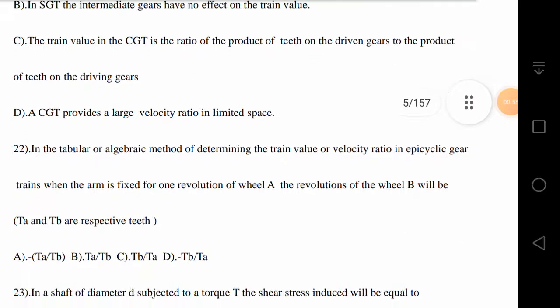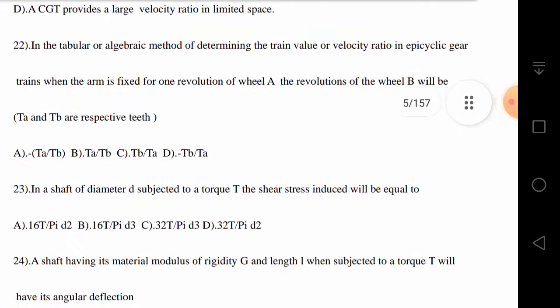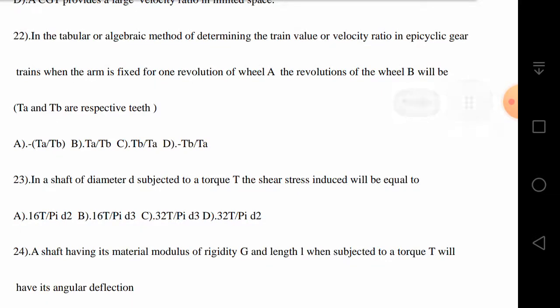Right. Next question. In the tabular or algebraic method of determining the train value or velocity ratio in the epicyclic gear trains, when the arm is fixed for one revolution of wheel A, the revolution of wheel B will be T and TB, the respective teeth.